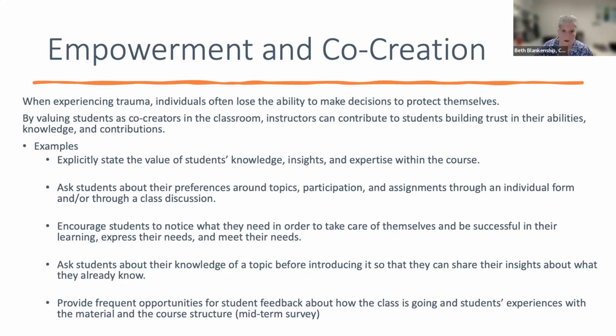When we say asking about preferences, we're going back to providing alternate ways to approach a topic or an assignment or an assessment. I've mentioned having an open line for feedback from students. So that includes asking them and giving them a safe way to express what they need.